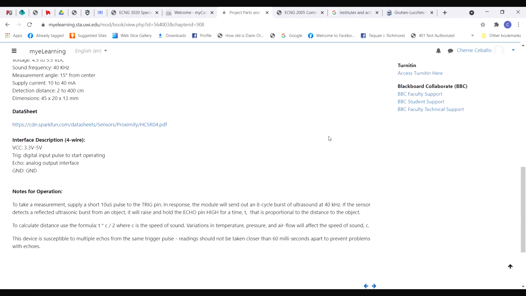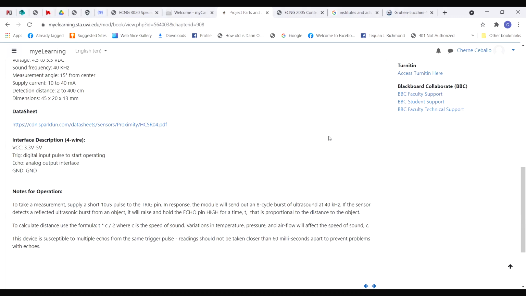In response, the module will send out an 8-cycle burst of ultrasound at 40 kilohertz. If the sensor detects a reflected ultrasonic burst from an object, it will raise and hold the echo pin high for a time t that is proportional to the distance of the object.